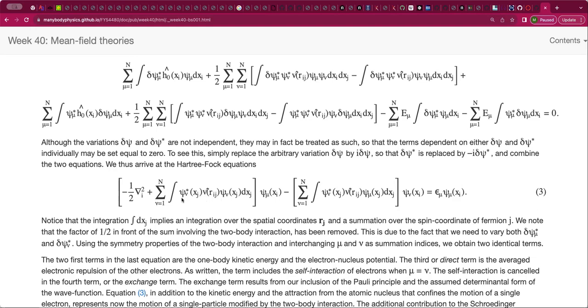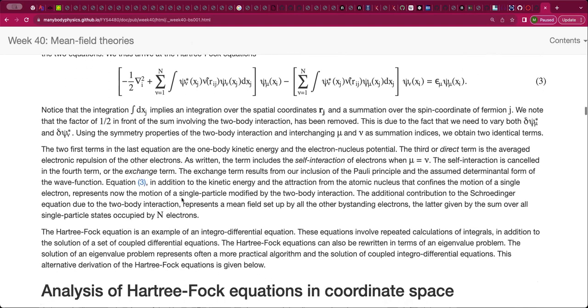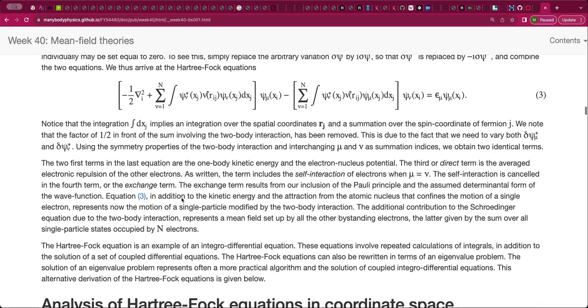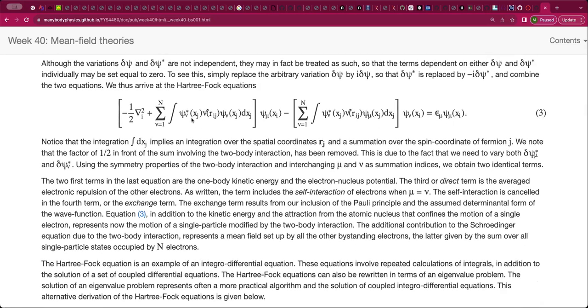And if you have the kinetic energy term, you will often end up needing many integration points. So this was the basic equation in what we normally call coordinate space, because we are dealing with the full degrees of freedom in terms of the positions and eventually also the spin degrees of freedom.